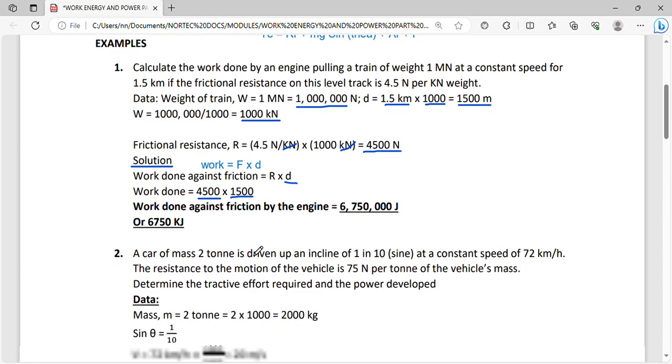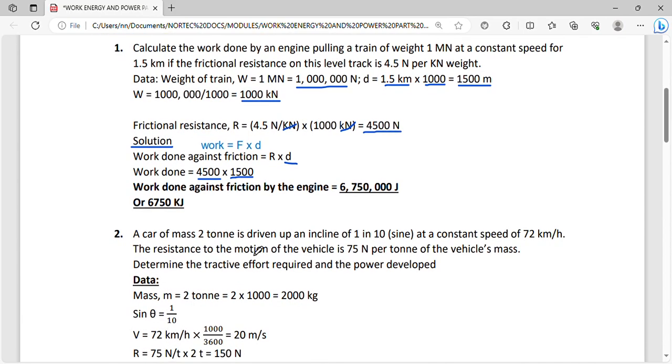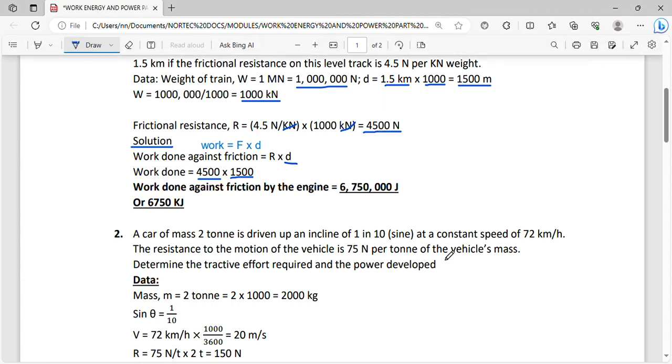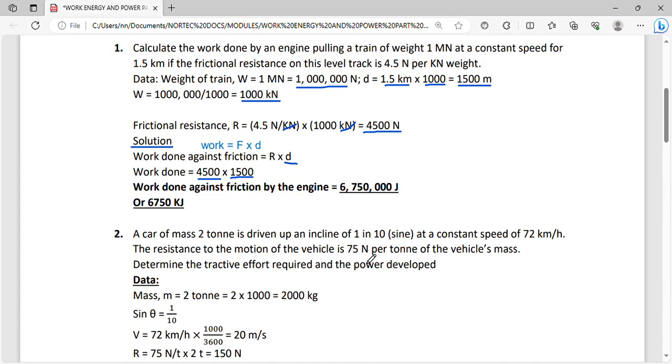Does it give us that number there? 4,500 times 1,500. It's correct, thank you.